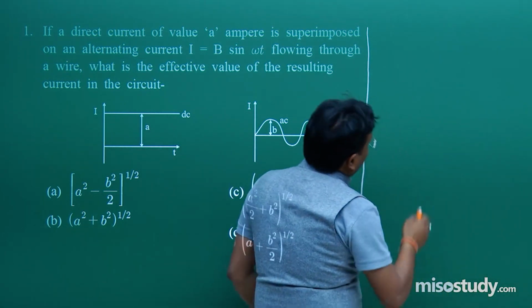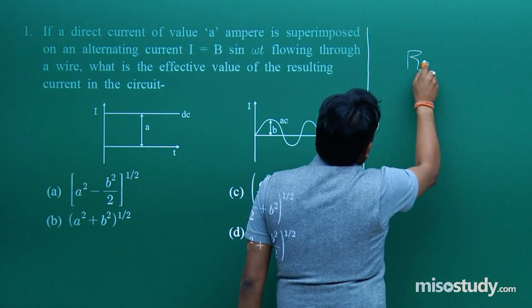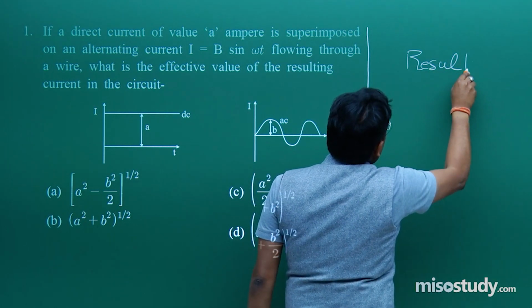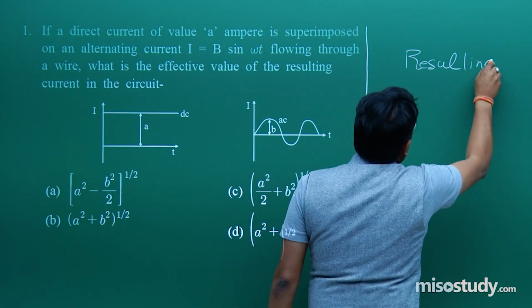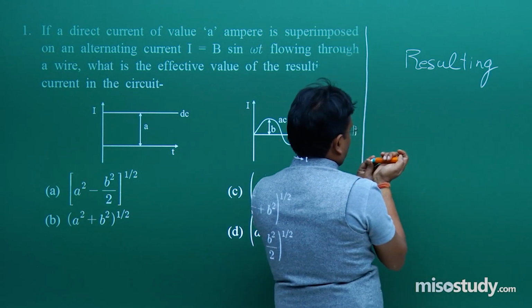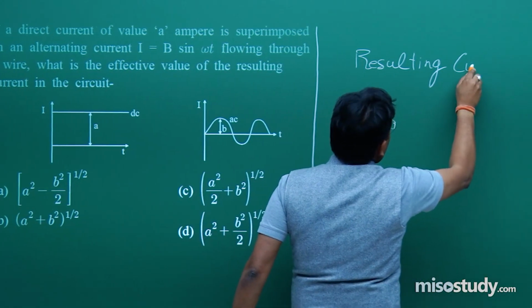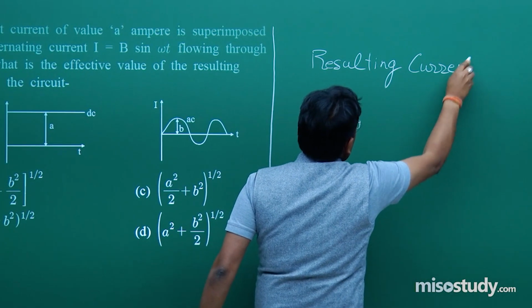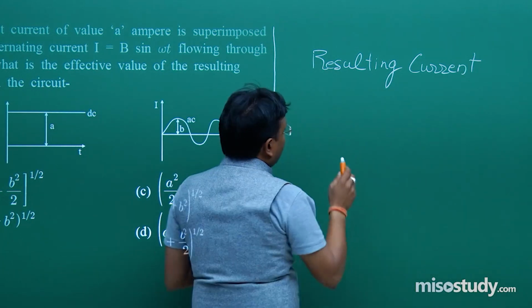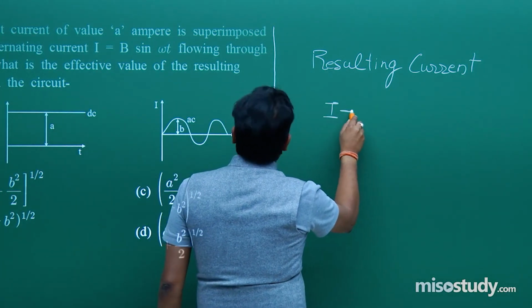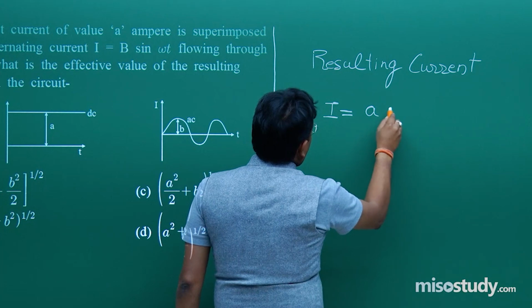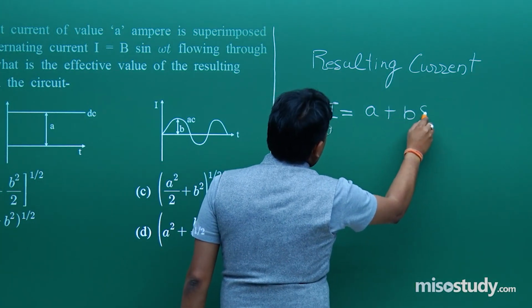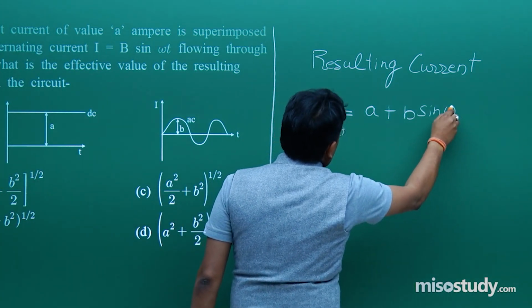So, first is the resulting current after superimposition. Resulting current is I is equal to A plus B sin omega t.